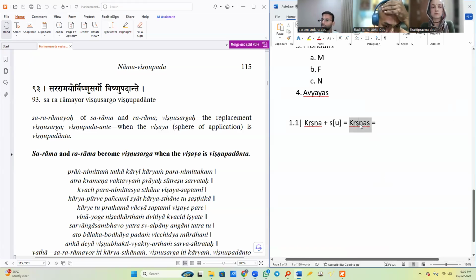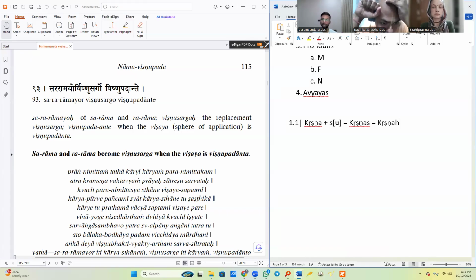Krishna's is a Vishnu Pada because we have applied the Su, and at its end we have Sa Rama. So this Sa Rama will become Vishnu Sarga. So we get Krishna.